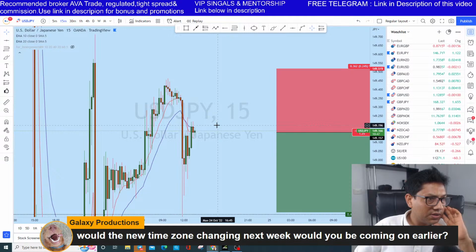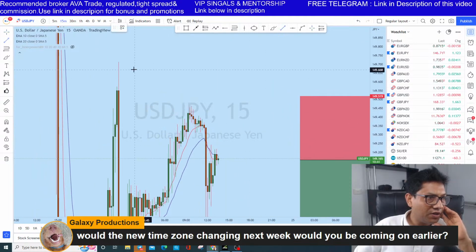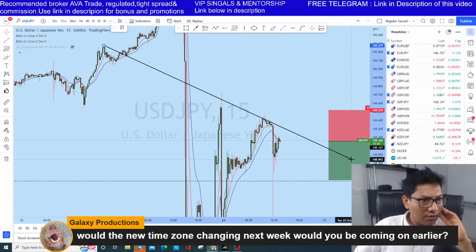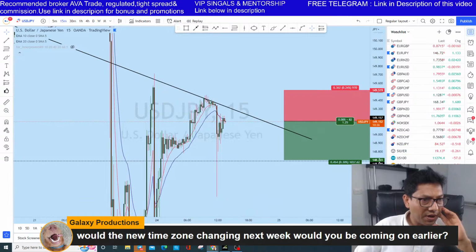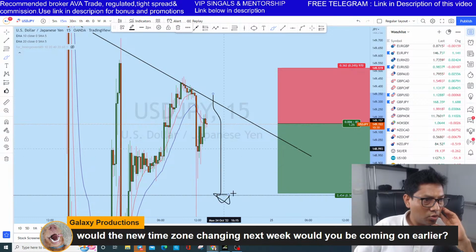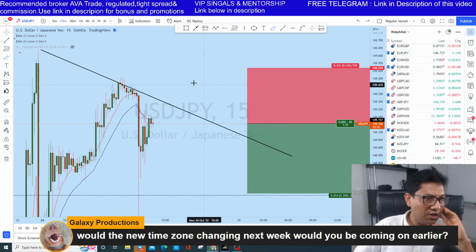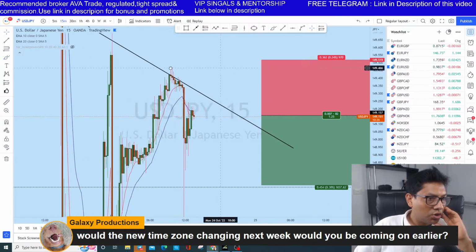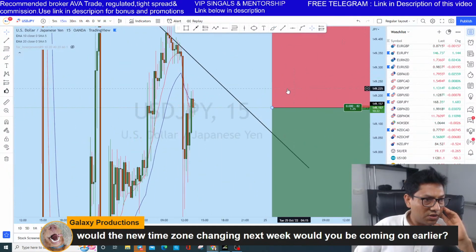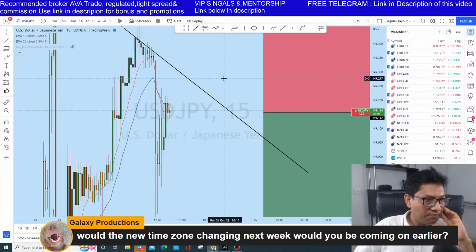We could see a spike first to the upside on the news, I think. It could happen that the price goes up, tests this resistance and then goes down, or it could just continue to drop in this direction. Hopefully we'll see some spike down on dollar yen.